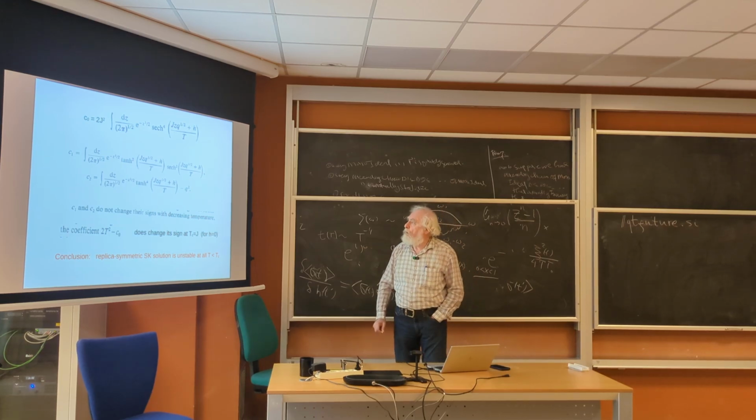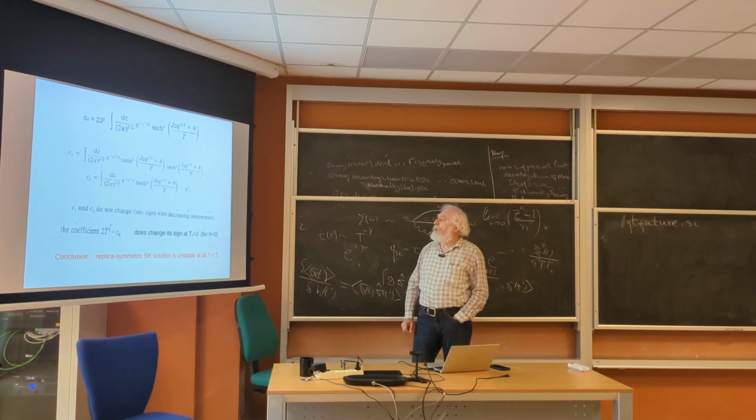So, of course, we understand that at T above Tc, everything is stable. And first of all, the trivial state with zero order parameter is stable thermodynamically. Now we see that this coefficient 2t squared minus c naught changes sign.